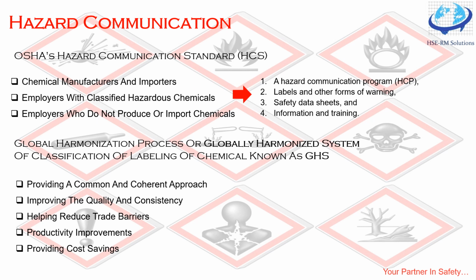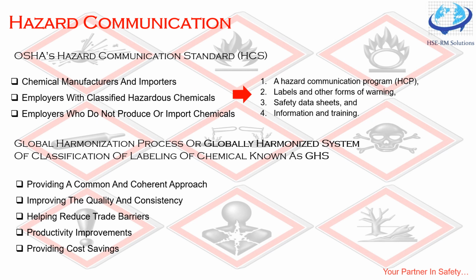The main benefits include providing a common and coherent approach to classifying chemicals and communicating hazard information on labels and safety data sheets, improving quality and consistency of hazard information in the workplace, helping reduce trade barriers, productivity improvement for American businesses that regularly handle, store and use classified hazardous chemicals, and cost savings for businesses that periodically update safety data sheets and labels for classified chemicals.